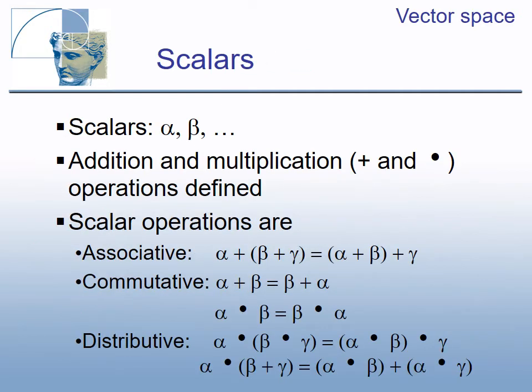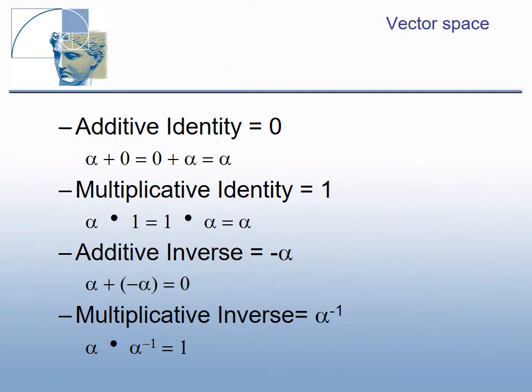From arithmetics, we know the following properties of scalars. Operations of addition and multiplication are defined for scalars and satisfy the properties shown. Scalar operations are associative, commutative, and distributive. Special scalars such as 0 and 1 exist with the following properties.